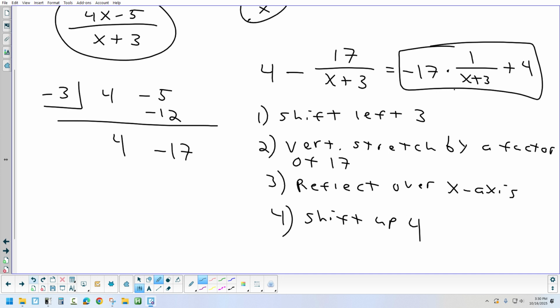When you're inside, you start with the shifts and do the stretches. When you're outside, you do the stretches, then you do the shifts. And then you end off with reflections. So horizontal shift, horizontal stretch, horizontal reflection, vertical stretch, vertical reflection, vertical shift. Those are the 6 in order, if you had all 6. This one only had 4 out of 6.